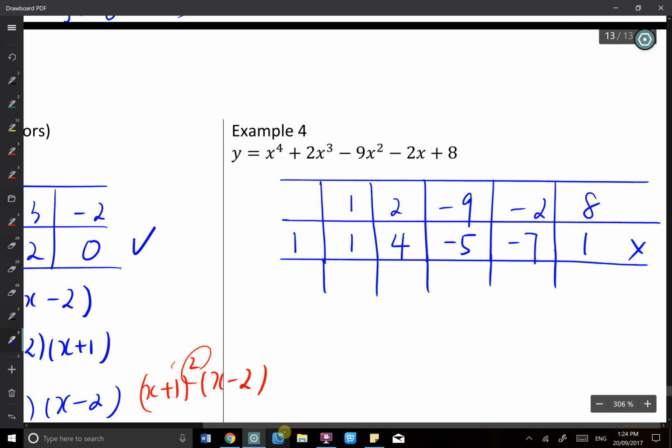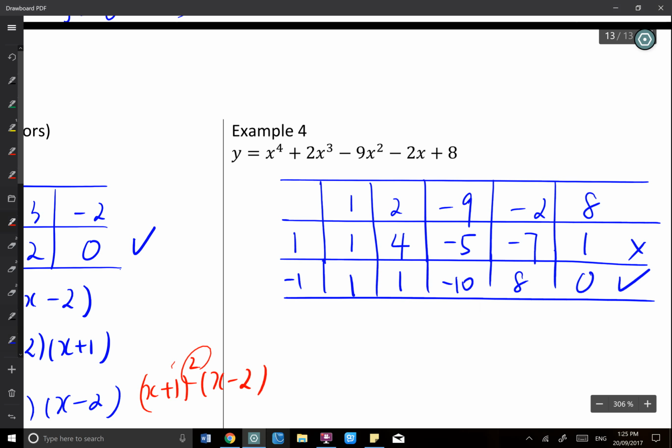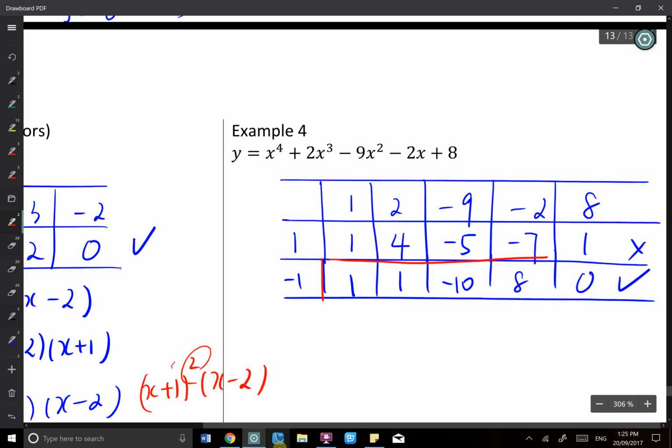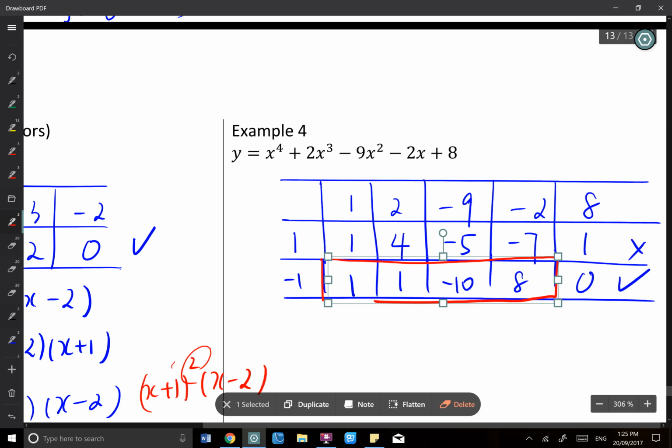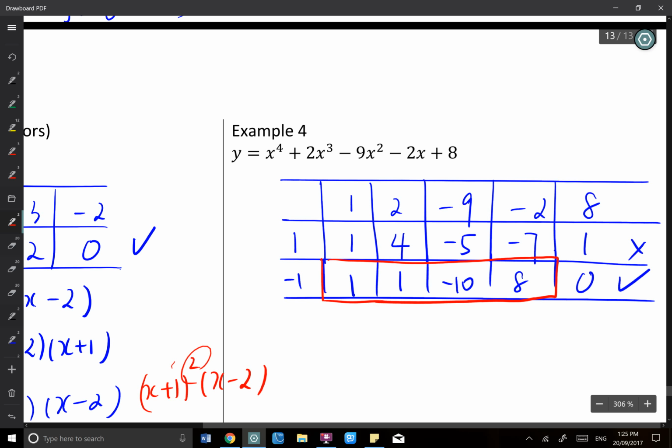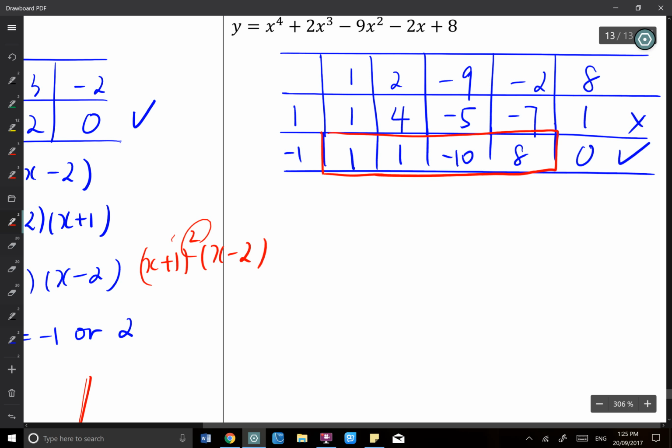So you may try -1, 1, -10. 10 minus 2 is 8, minus 8 is 0. This one worked. And I need to keep going because that's still a cubic. So you keep using those numbers to factorize. That's a cubic, so I need to go for another line.